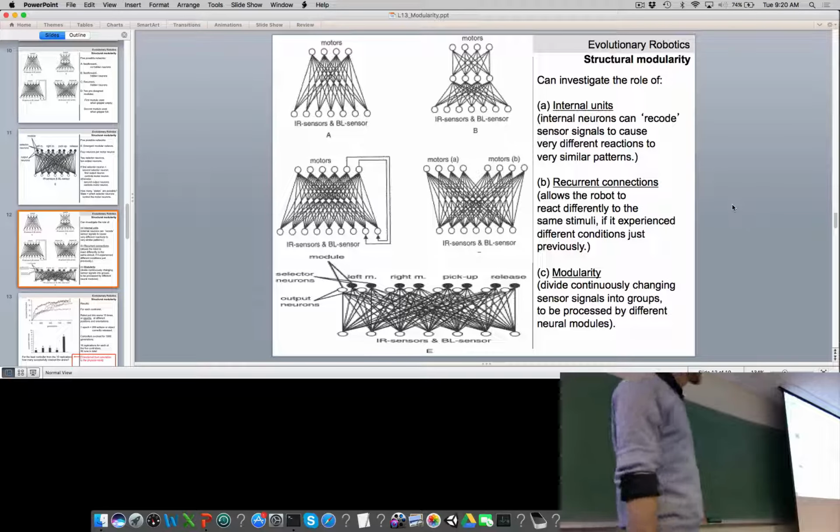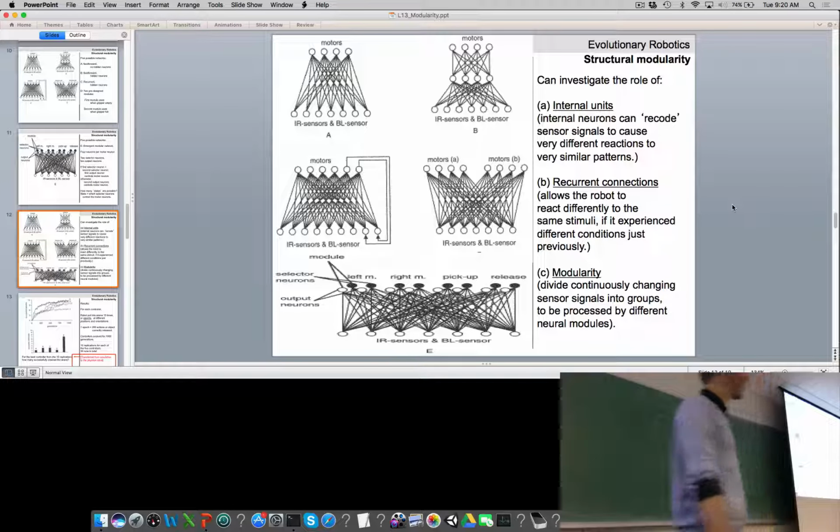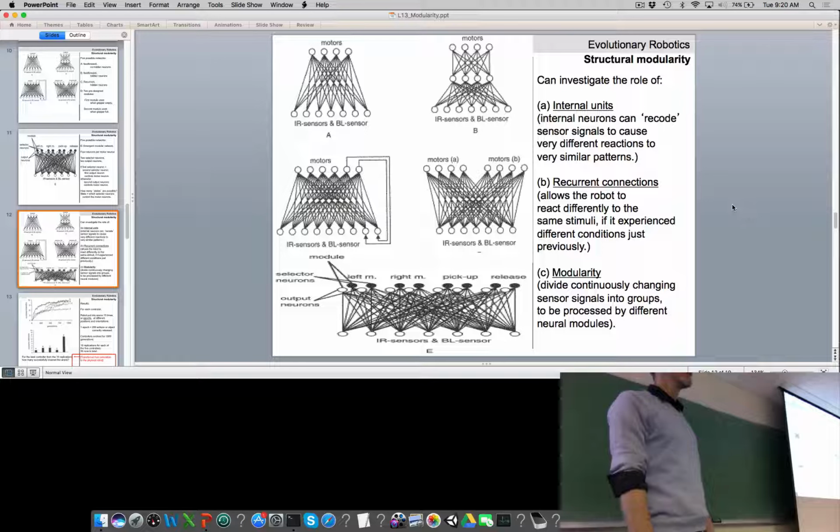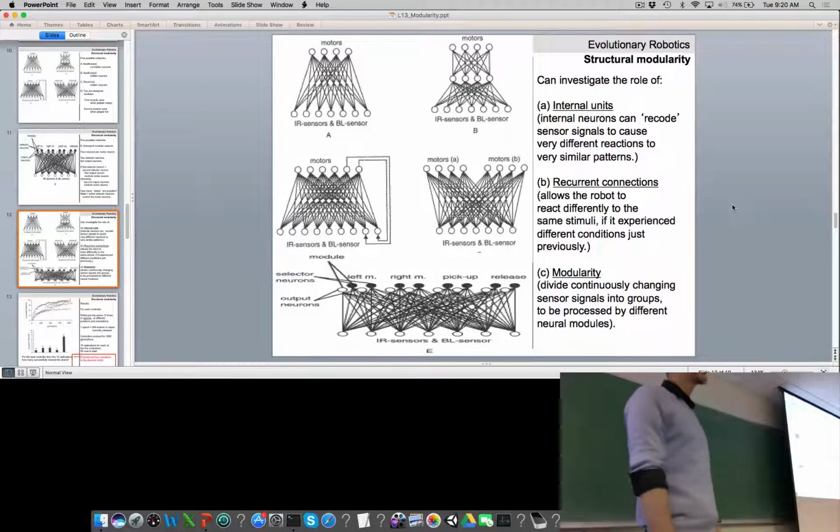And if network B yields better performance than A, then we know that internal units or hidden neurons are useful. If C performs better than B and A, then we know that recurrent connections are useful. If that's the case, what does that tell us about this task or about the robot?